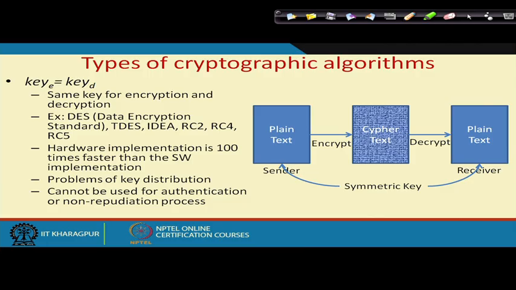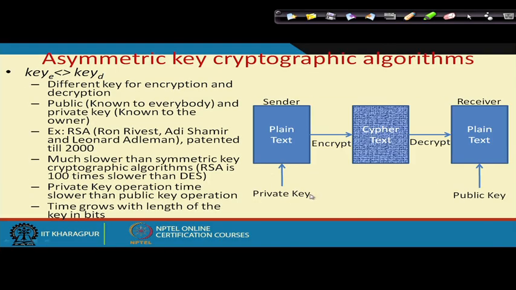Now, let us see what is done in an asymmetric key algorithm. As the name indicates, in an asymmetric key cryptographic algorithm, the encryption key and the decryption key are different.